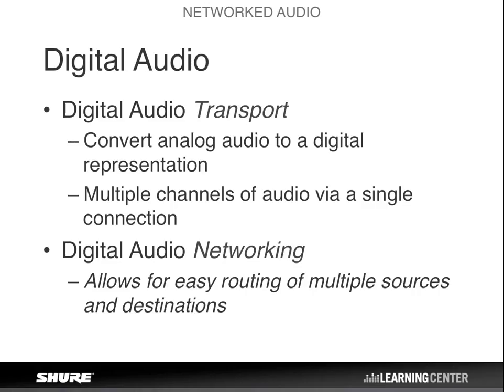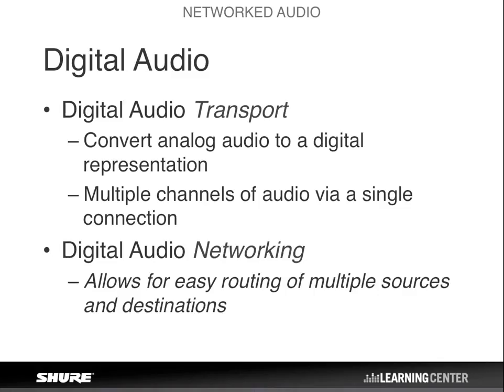Again, what makes digital audio networking different from digital audio transport is that digital audio transport is taking your digital audio signal and just moving it from one place to another, like using the optical digital output of your Blu-ray player to connect it to your home theater system. That's a one-way, single connection.